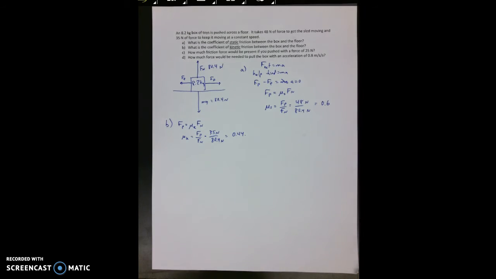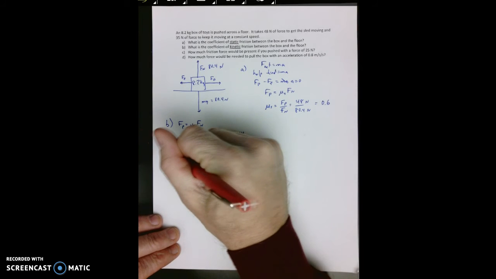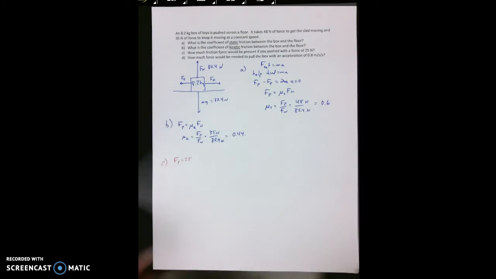Next, we're looking to see how much friction force would be present if I pushed with a force of 25 newtons. This is a slightly deeper conceptual sort of problem. If I make Fp equal to 25. So I'm not going to jump right into equations. I want to think about what's happening here.